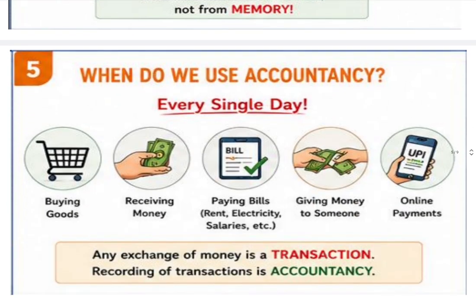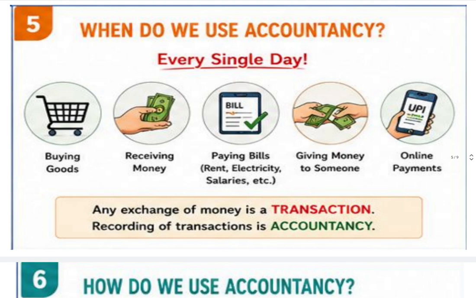When do we use accountancy? Every single day, whenever we spend money, buying goods, receiving money, paying bills, rent, electricity, salaries, giving money to someone or receiving money from someone, online payments. Wherever there is an exchange of money, there will be accountancy.